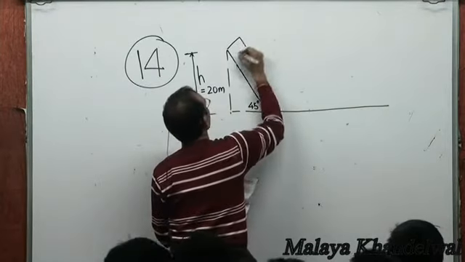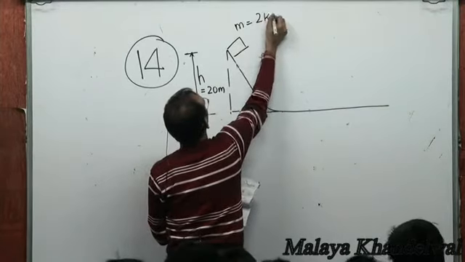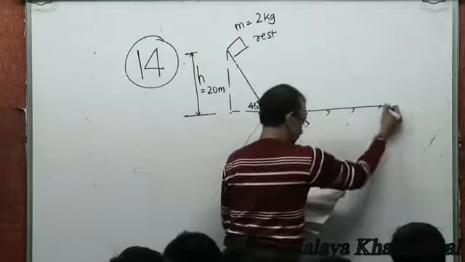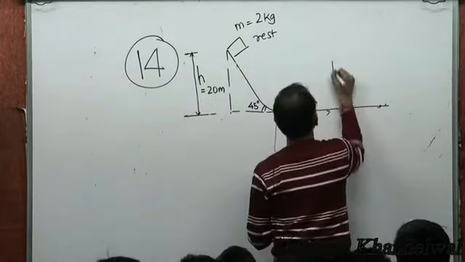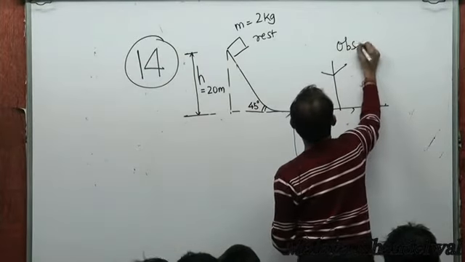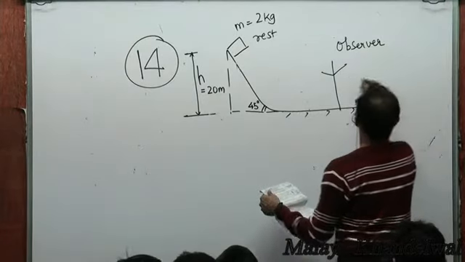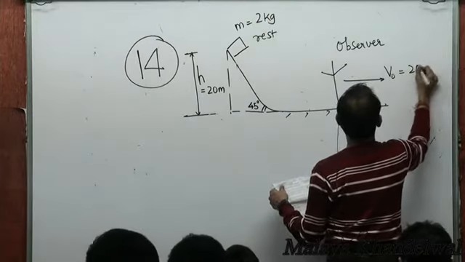This is a mass m equal to 2 kgs, starting from rest. And there is an observer here, moving to the right with a velocity of 20 meters per second.